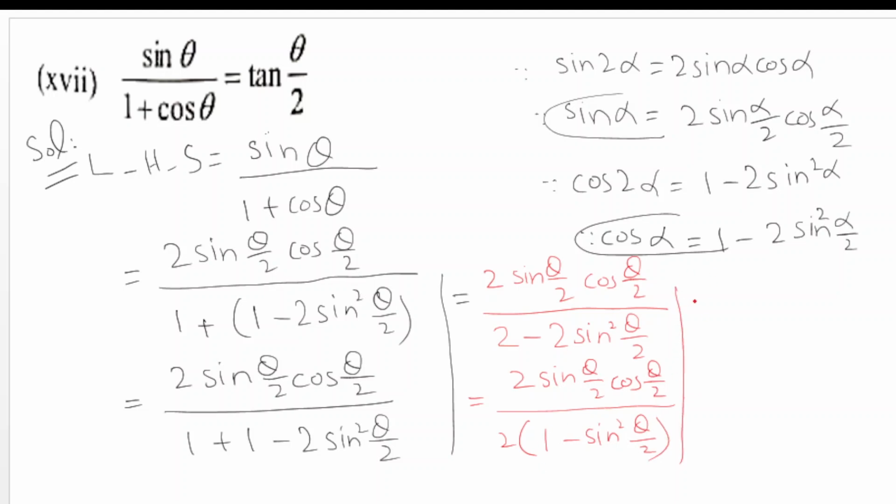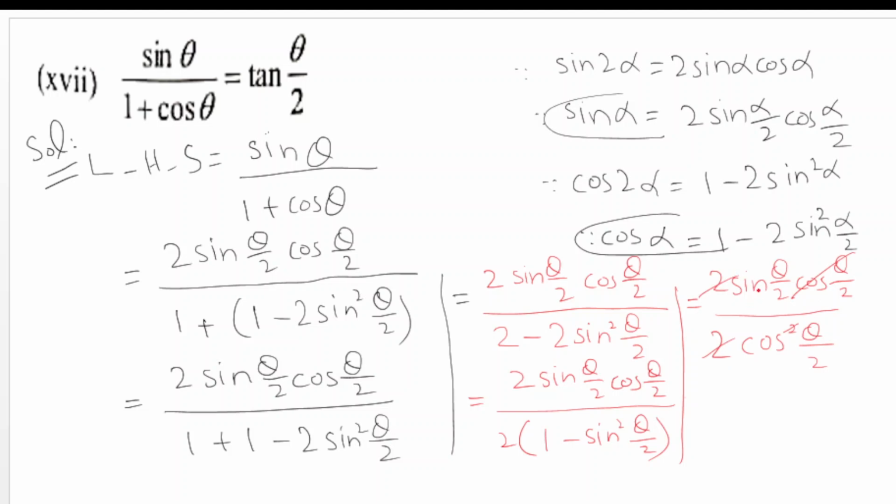Yes, so let me write here the upper as it is, 2 sine theta by 2 cos theta by 2, and at down it must be, you can cancel out 2. Okay, we will cancel here cos square theta by 2. So 2 will be cancelled here. 1 cos will cancel with square.